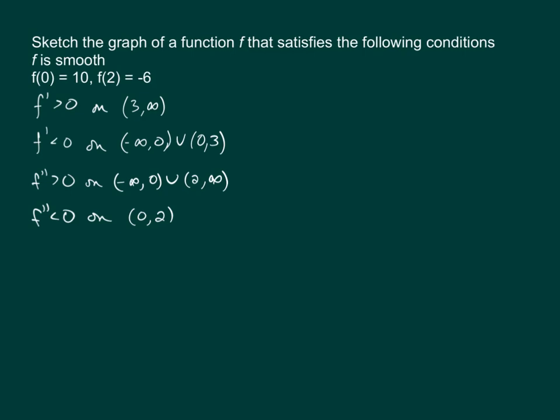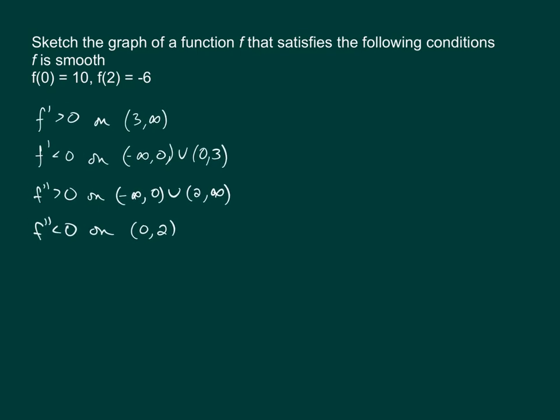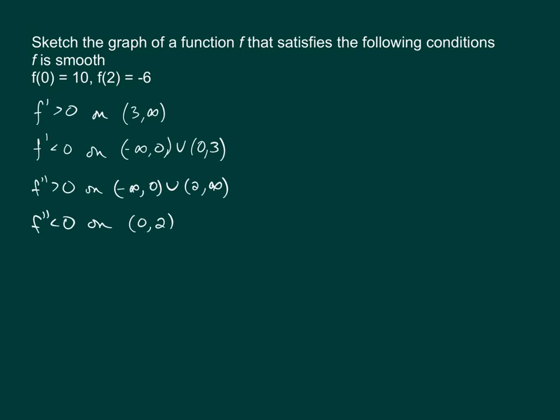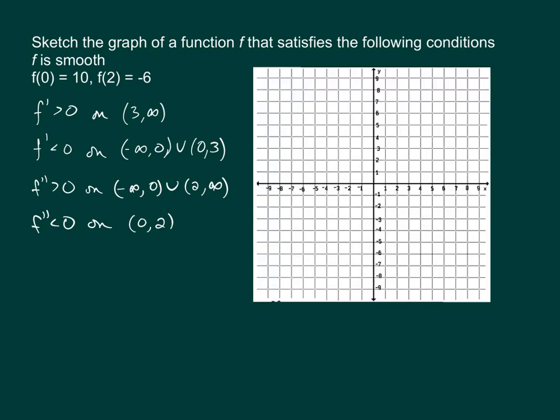Next we have information about where the original function is increasing or decreasing based on the first derivative, or concave up or concave down based on the second derivative. So let's get that graph in here. As said in a previous video, I like to mark everything about the original function first.